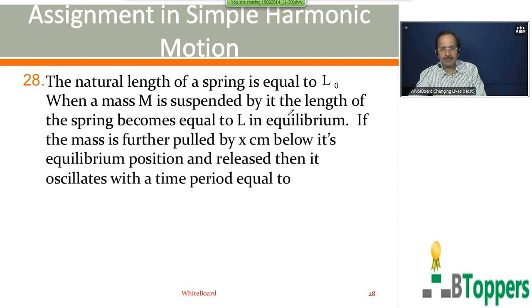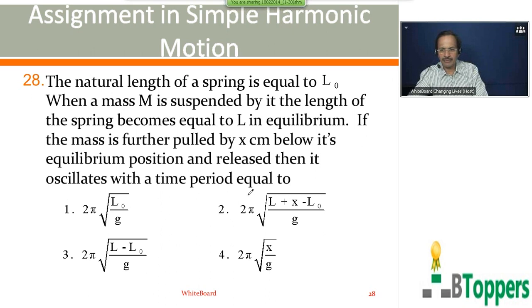When a mass m is suspended by it, the length of the spring becomes equal to L in equilibrium. The mass is further pulled down by x centimeters below its equilibrium position and released. Then it oscillates with a time period equal to... So I have shown 4 options on screen. Come on, take a pause and try the question.